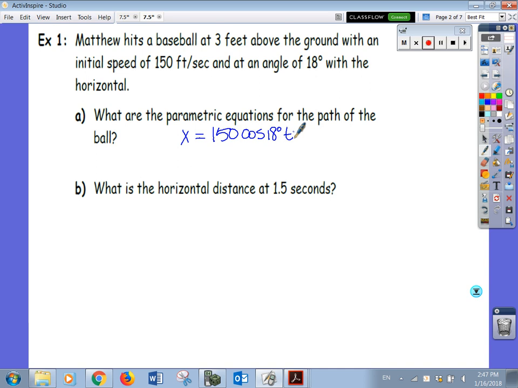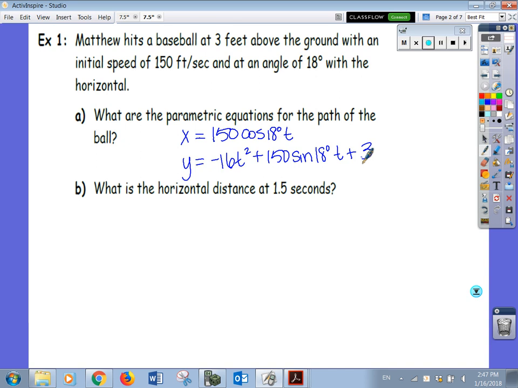So x and t are the two variables in that equation. In the second equation, the y and the t are going to be the two variables. So y equals negative 16t squared, that part of the equation doesn't change, plus 150 sine 18 degrees times t, plus the initial height, which in this case is 3.